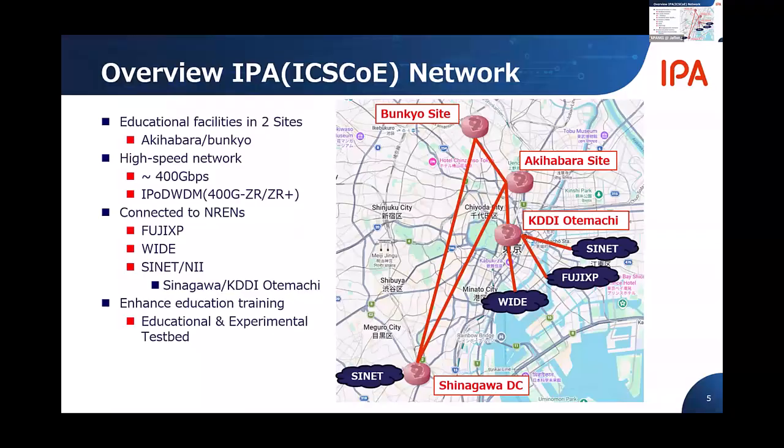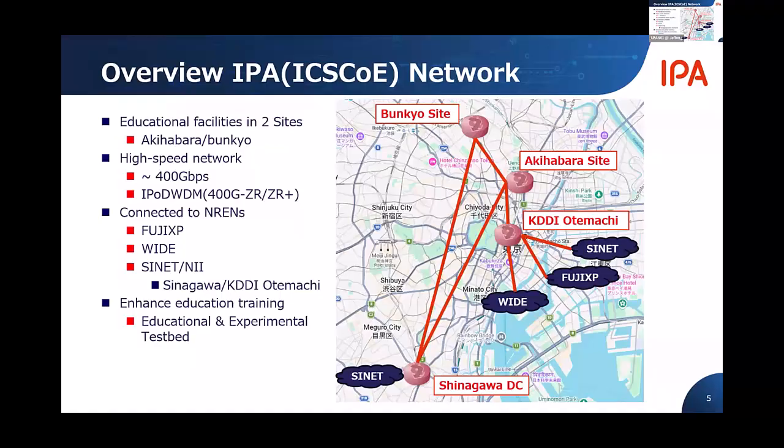Our network is connected with high-speed 400 gig links over IP or DWDM, 400ZR and ZR+. So a high-speed network has been built to interconnect these sites, and each site is connected to Japan's NRENs.